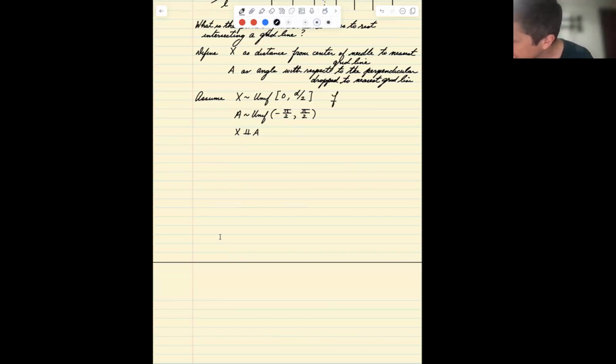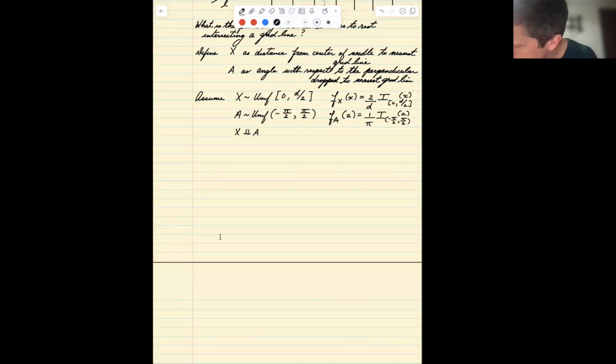Well, f_X of x is 2 over D times the indicator that x is between 0 and D over 2. f_A of a is 1 over pi times the indicator that the angle is between minus pi over 2 and pi over 2.